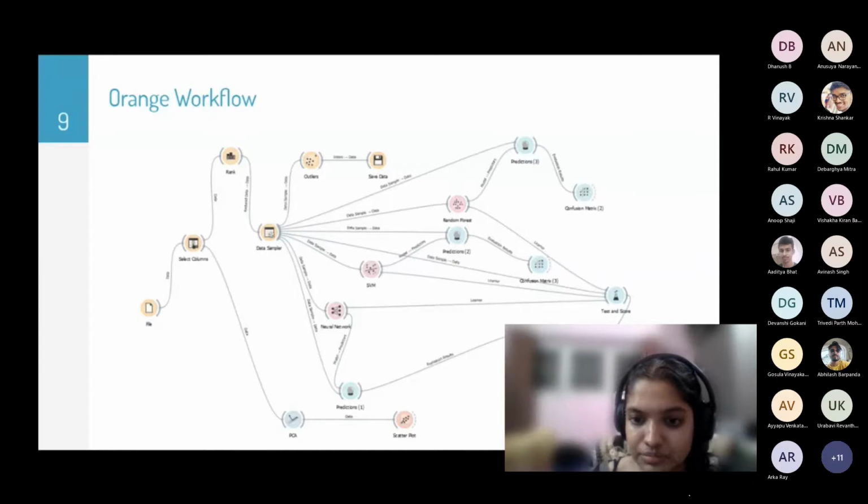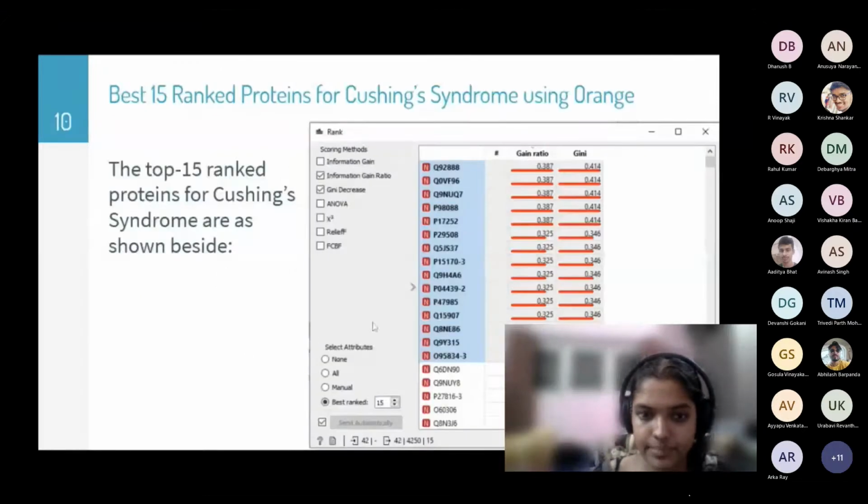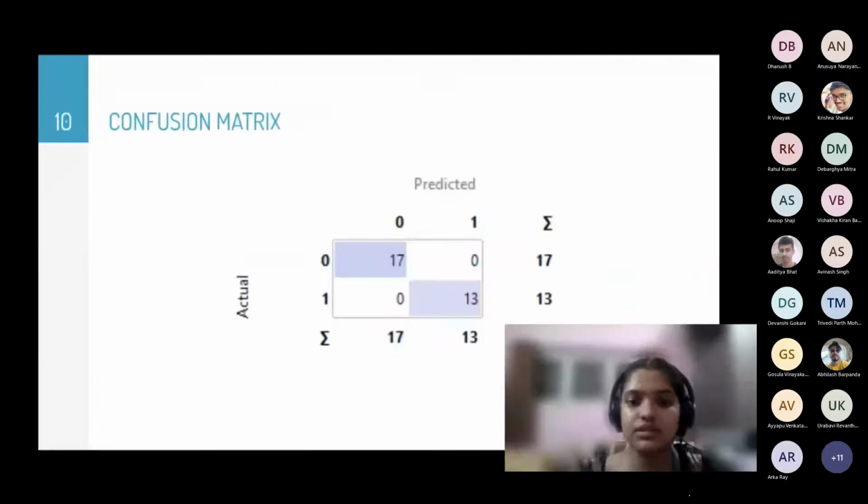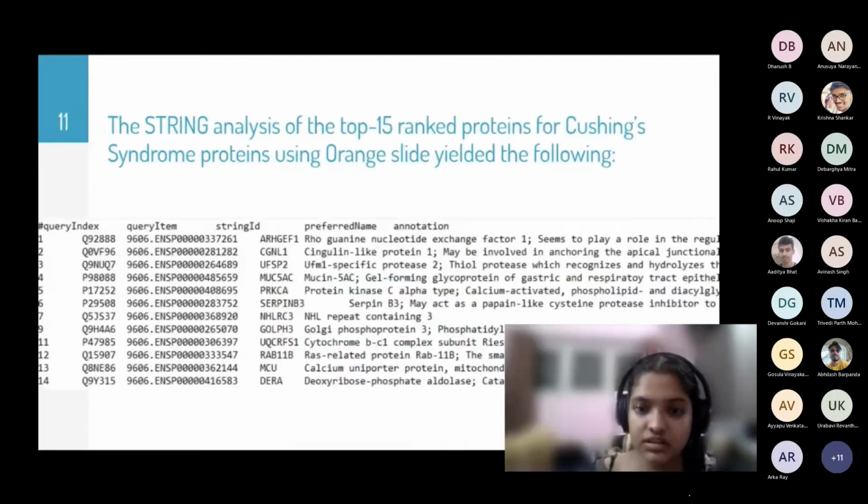I built 3 models: one random forest, one SVM, and a neural network. The same confusion matrix was obtained for all of my models, which means that all my models were both accurate and precise.